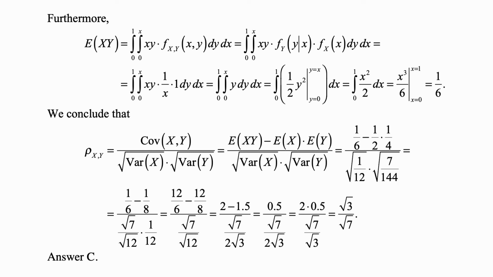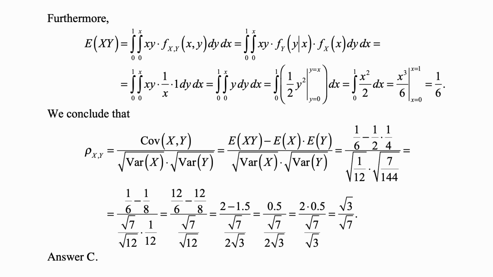Okay. Then we can take that 12, flip it over and move it to the numerator, and that becomes 12 over 6 minus 12 over 8, over the square root of 7 divided by the square root of 12. So 2 minus 1.5 over the square root of 7 divided by 2 square roots of 3, because 12 is equal to 4 times 3.